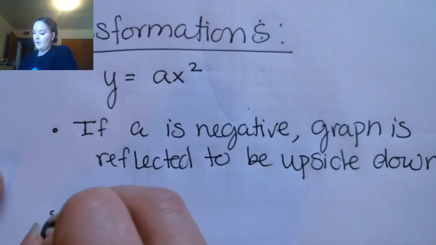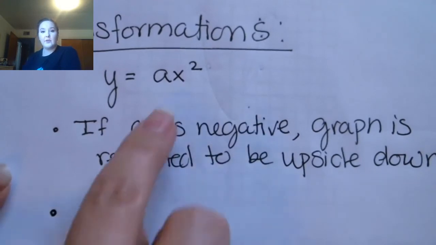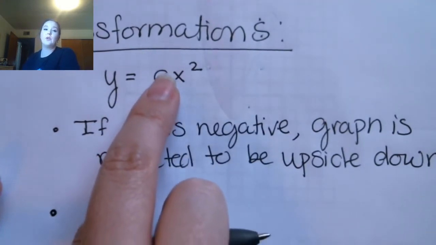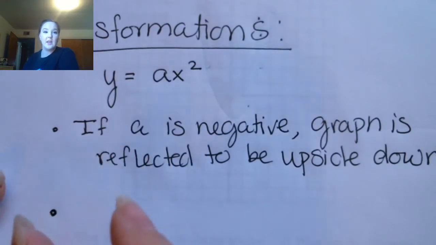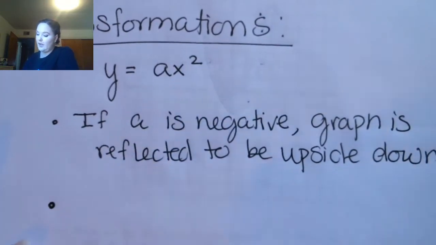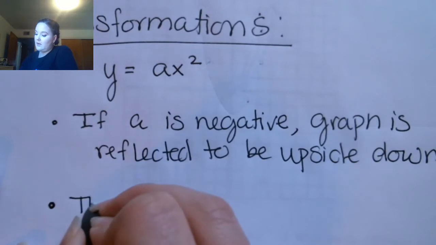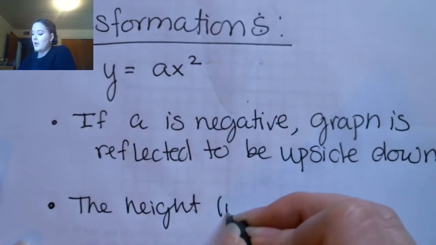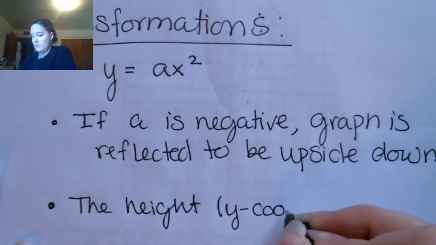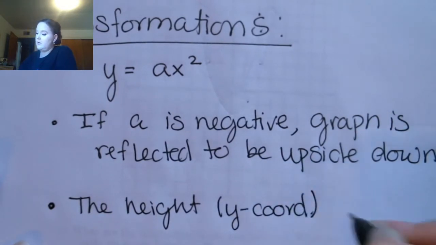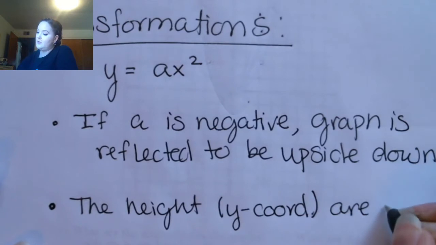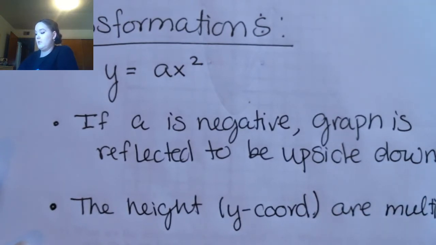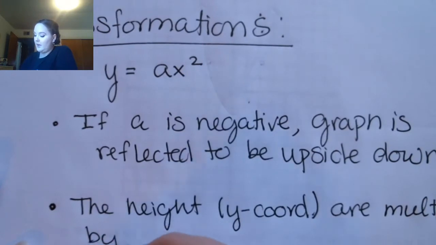Now I'm going to give you some extra information from what we saw in the previous example. We knew that this number affects the height of the graph. So we would say the height, which is the y coordinates, are multiplied by a.